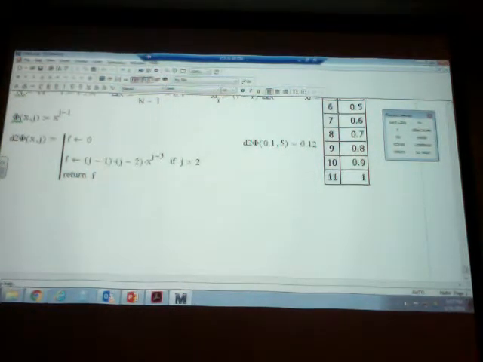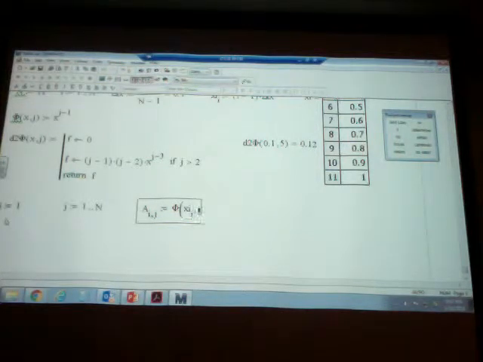And the matrix is going to look like, well, let's start with i equal 1, and let's do j equals 1 through n, and the matrix A(i, j) be phi of xi comma j.